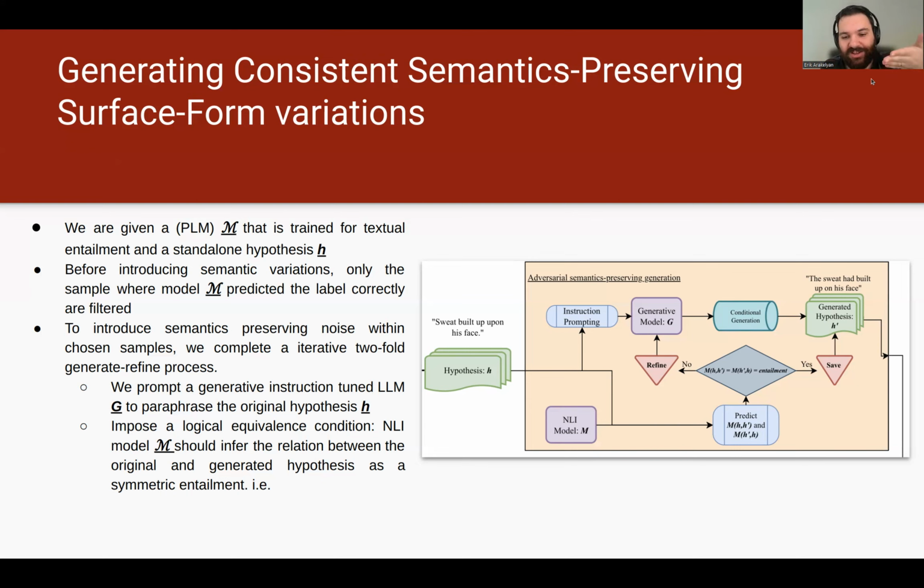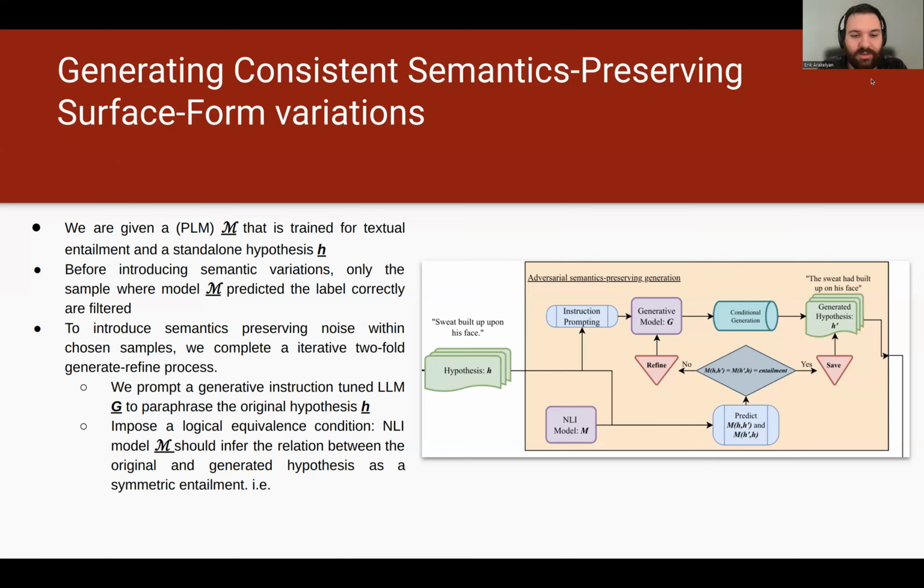Essentially, the original hypothesis should entail the adversarial hypothesis, and vice versa. The adversarial hypothesis should entail the original hypothesis, which in more logical terms, from math logic and from some literature on language, is called logical equivalence.